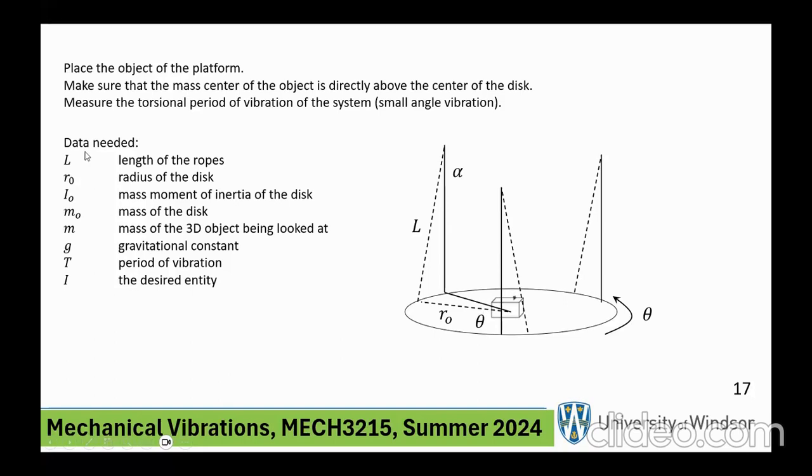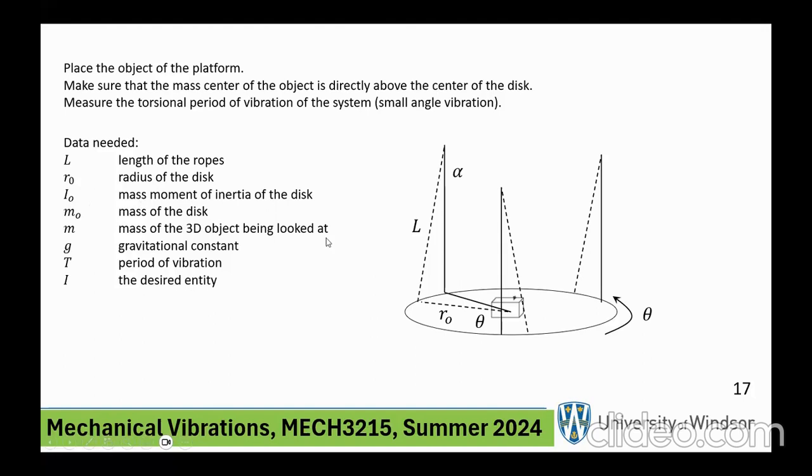So let's see now, what do we have here? L is the length of the wire. We are assuming that it doesn't stretch that much. R naught is the radius of the disk.